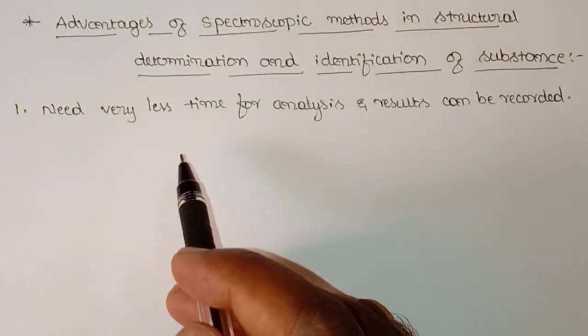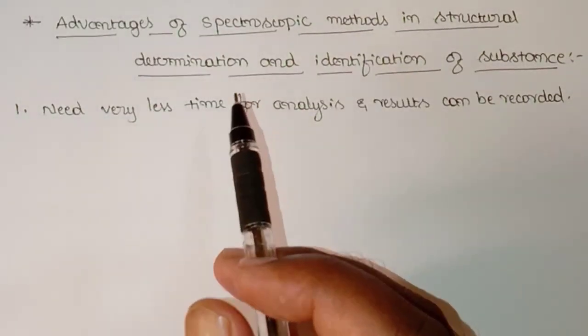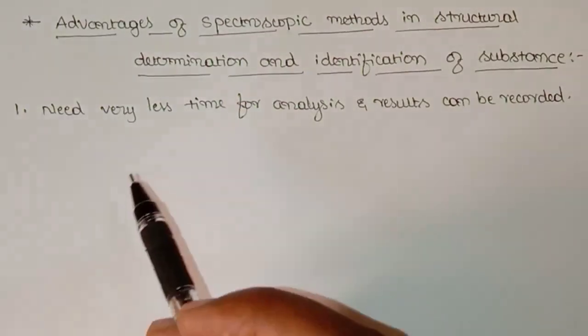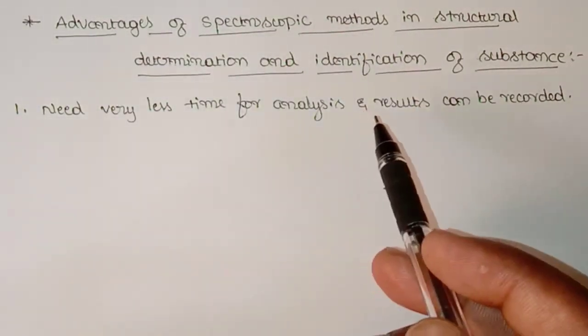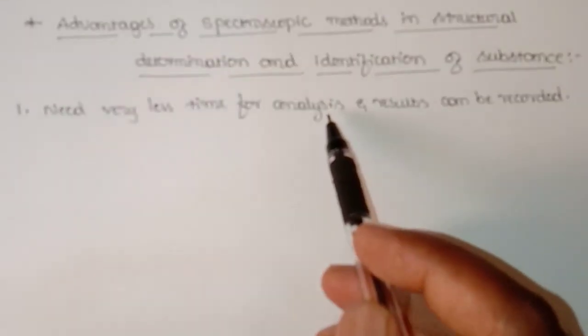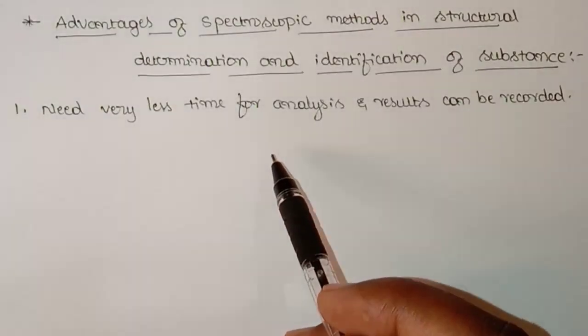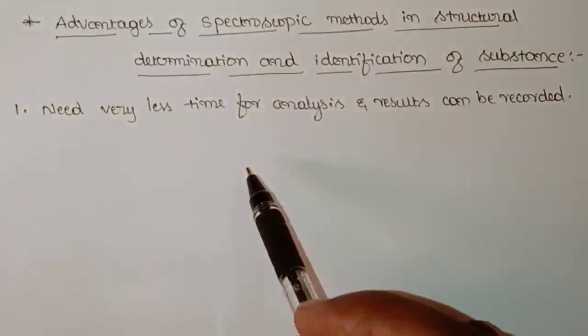Very less time is enough for analyzing the sample material. As well, after analysis, whatever results or information we get regarding that particular sample can be easily recorded in the form of charts. That is the very first advantage of spectroscopic technique over other methods.